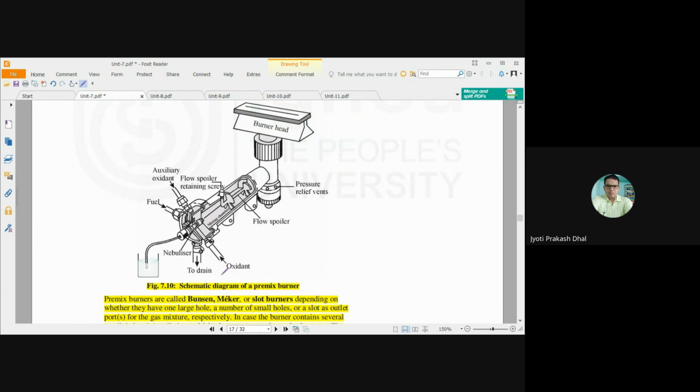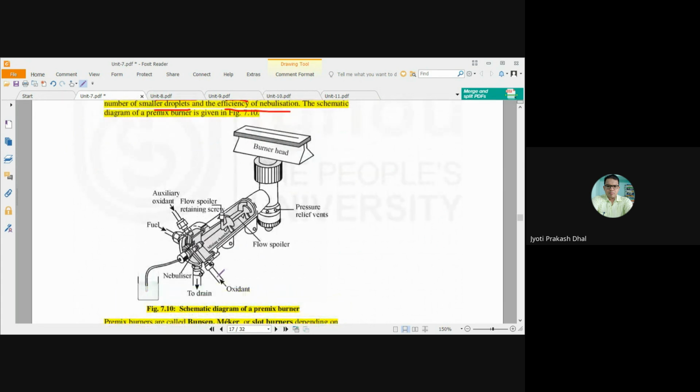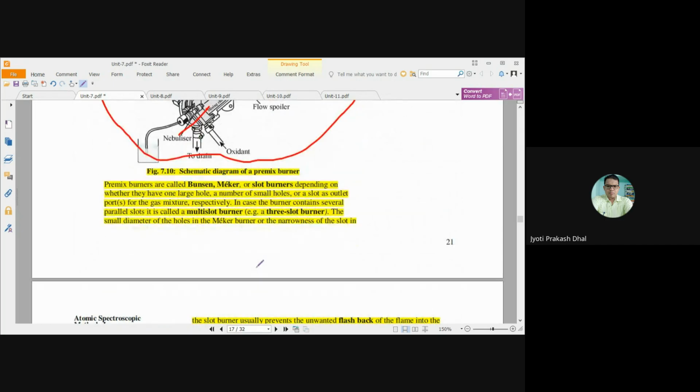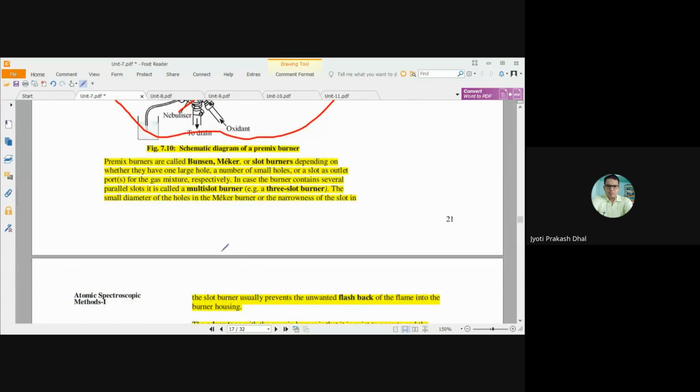So this is the schematic diagram of the premix burner. Here this is the burner head, and here this is the nebulizer. Through the nebulizer, the sample will pass into the mixing chamber.